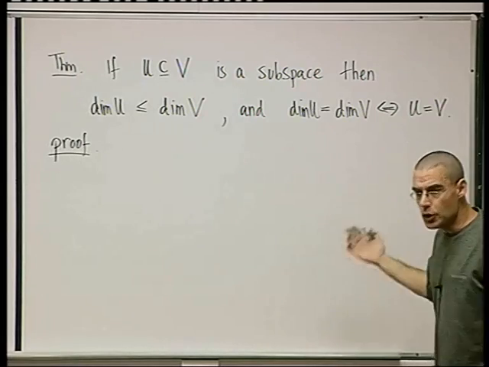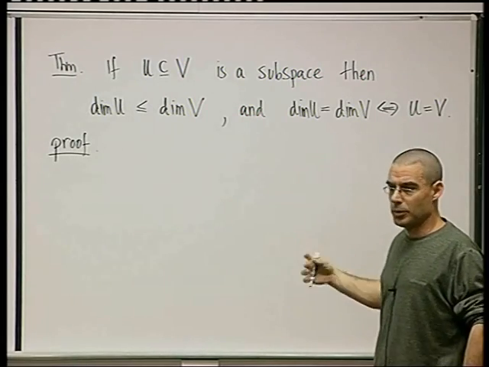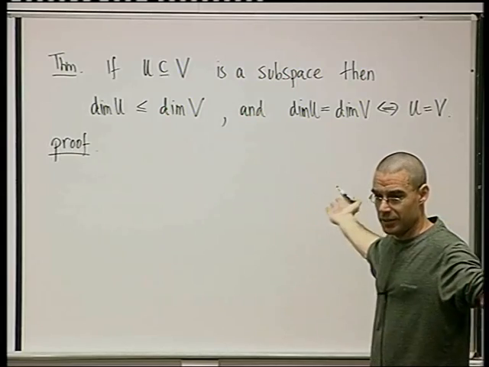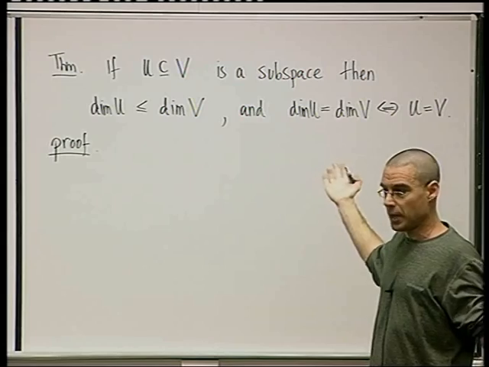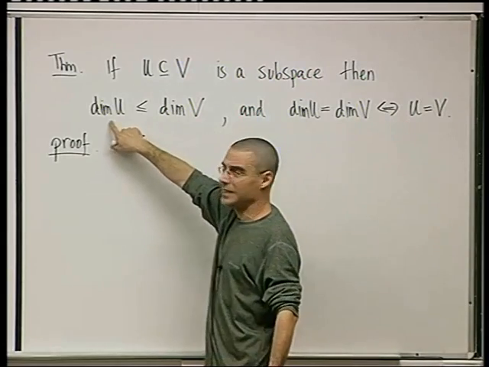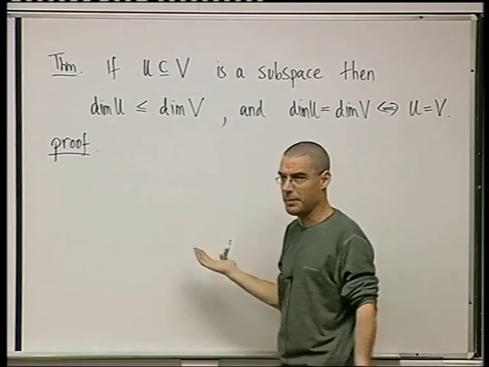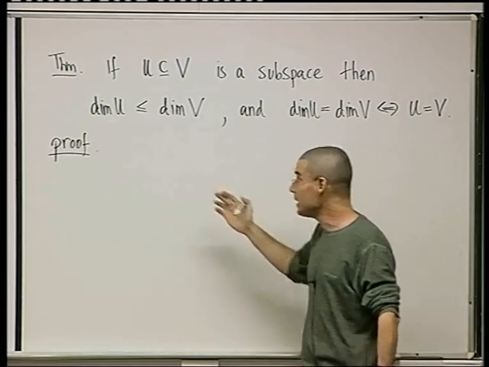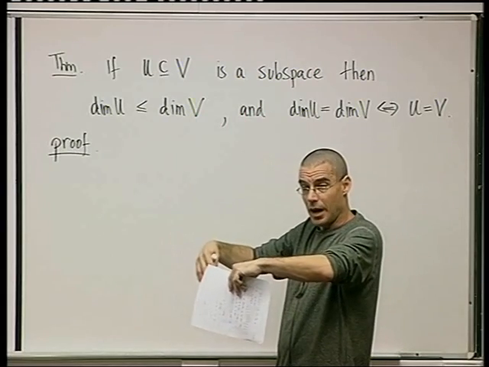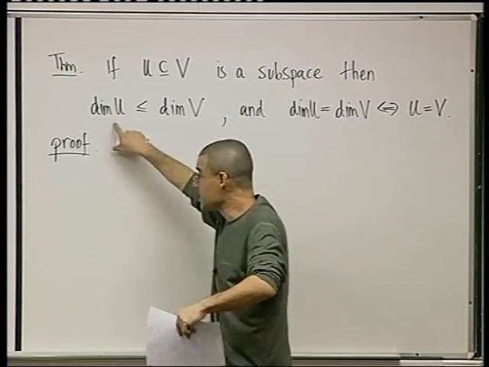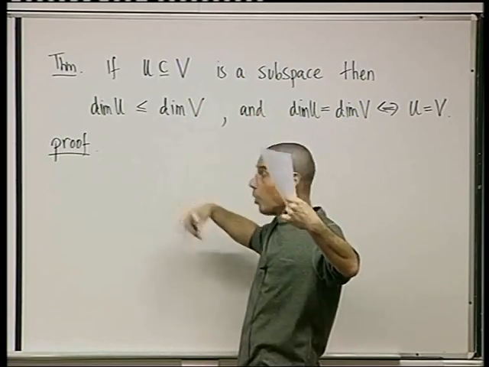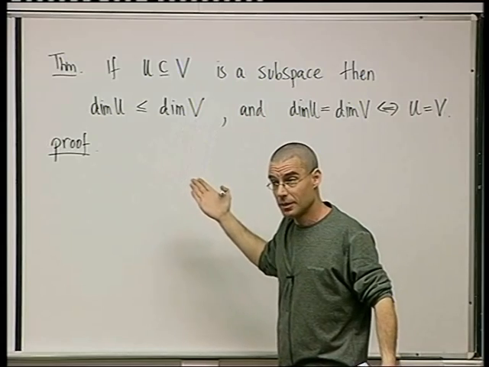Okay? It should sound extremely obvious. It should make sense. You should think, wait, there's no way that the dimension of U is greater than the dimension of V, because that would mean that U lives inside V, and somehow I took a basis for U inside V, which has more than n elements, right?